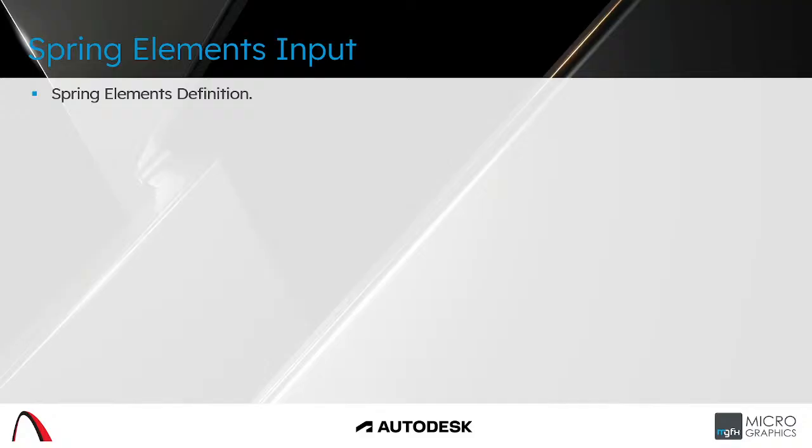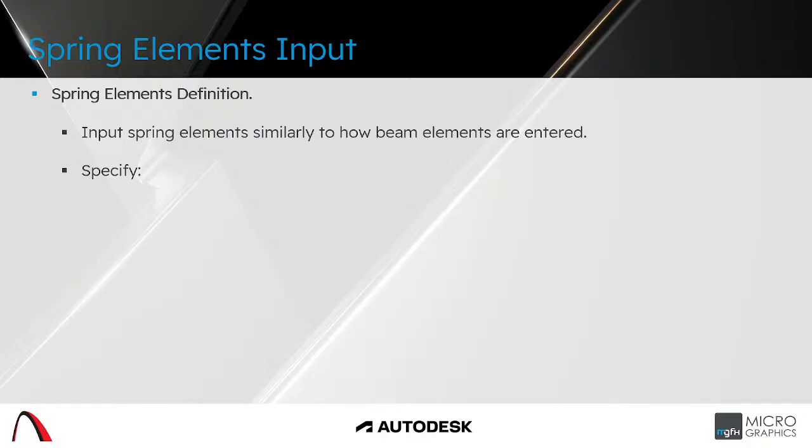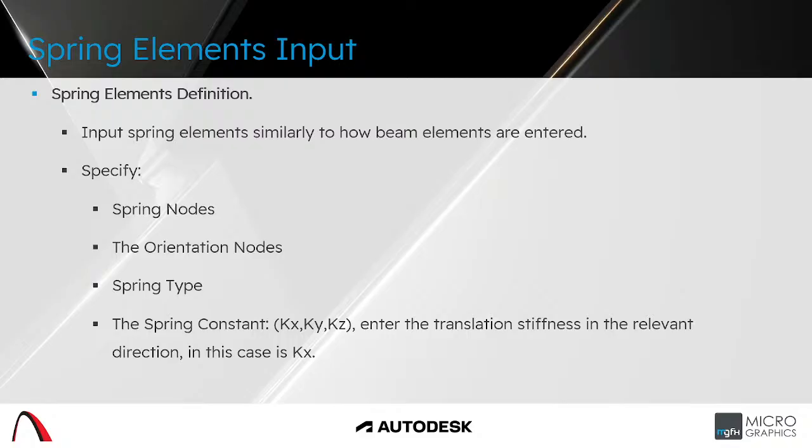So when defining spring elements, the inputs for your spring element are similar to how beam elements are entered. Firstly, you need to specify your spring nodes, the orientation nodes, as well as the spring type, and then you need to indicate the spring constant, which is where you enter the translation stiffness in the relative direction.